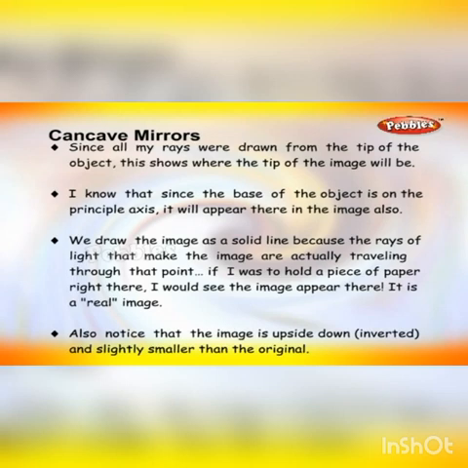We draw the image as a solid line because the rays of light that make the image are actually traveling through that point. If I was to hold a piece of paper right there, I would see the image appear there. It is a real image. Also notice that the image is upside down or inverted and slightly smaller than the original.